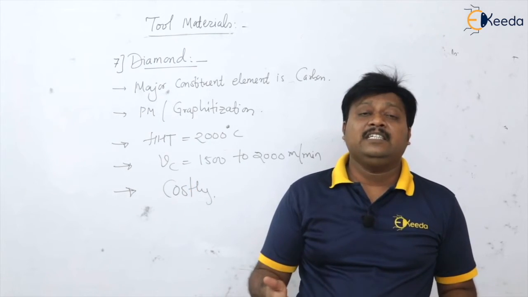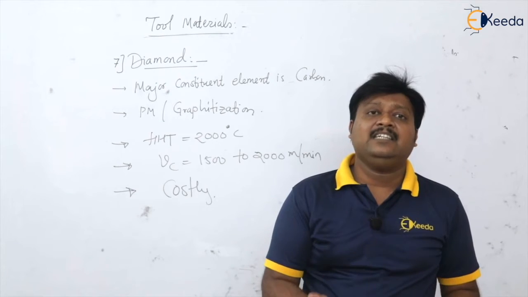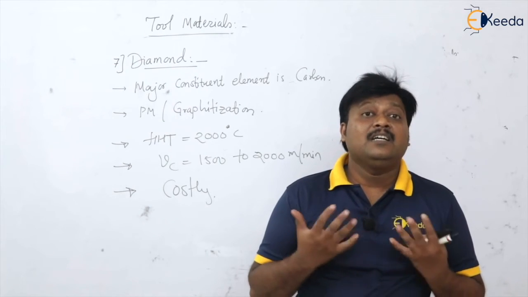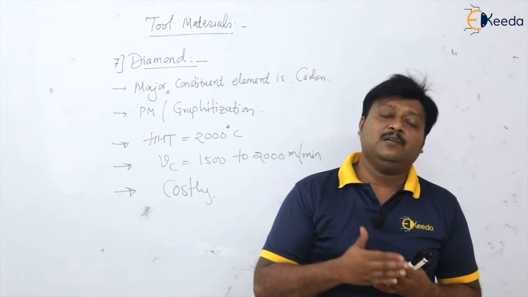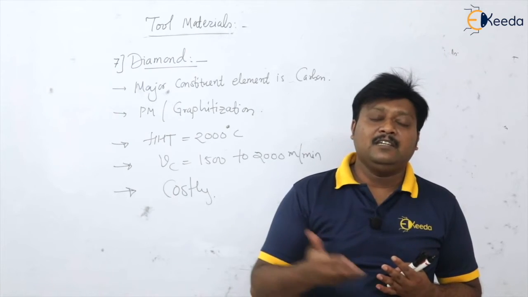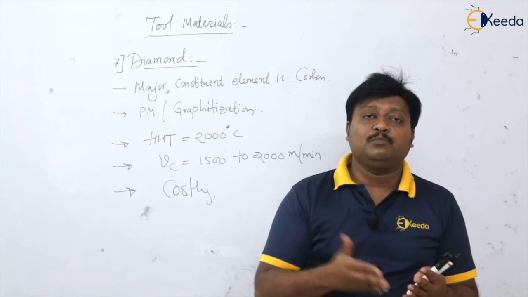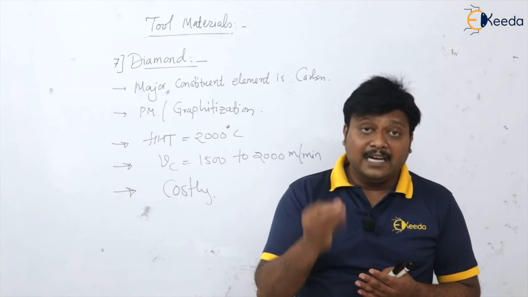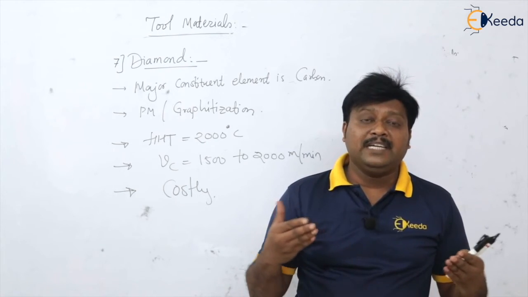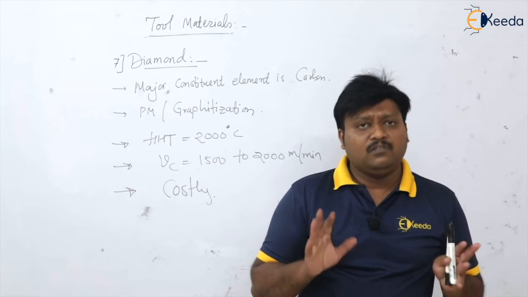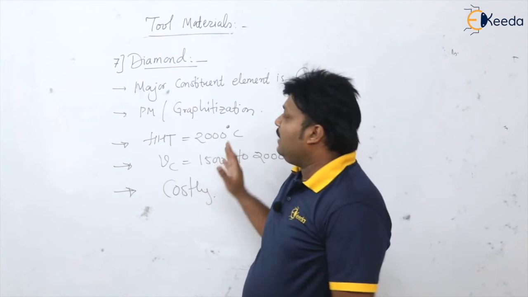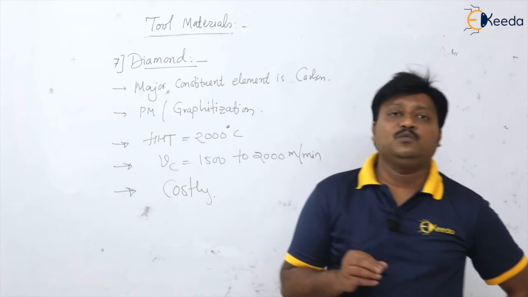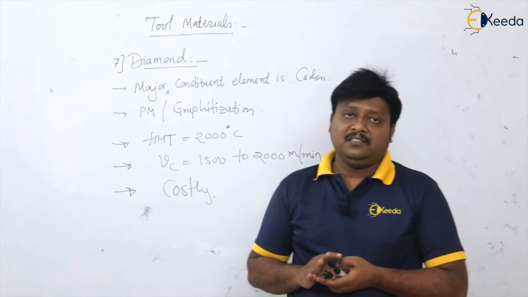In the workpiece there is iron, and iron has a huge affinity towards carbon, so all the carbon will come out at the cutting edge between the workpiece and the tool. That is the reason why the diamond tool is not used for ferrous materials.